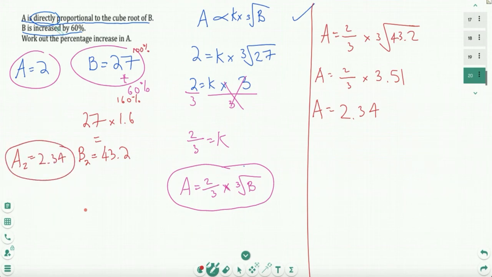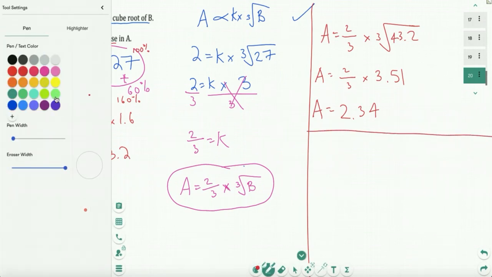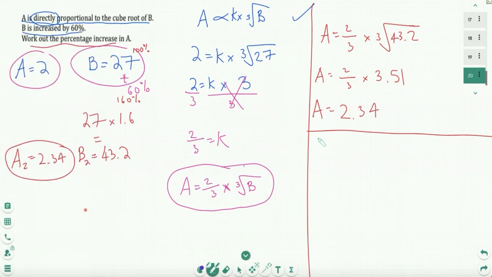New value for a. Now we have to find the percentage increase in a. So a was originally 2, and now it's 2.34. Do you guys remember the percentage increase formula? Super important. The formula for a percentage increase or percentage decrease or percentage change is the change over the original value times 100. Well, the change from 2 to 2.34, we can just subtract them.